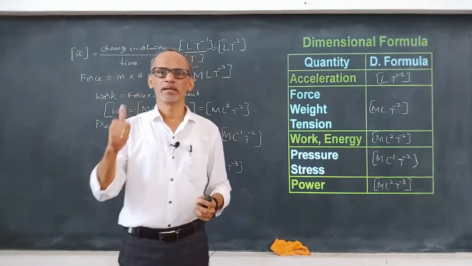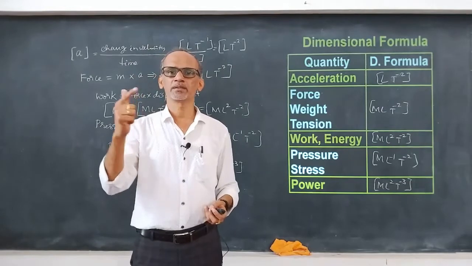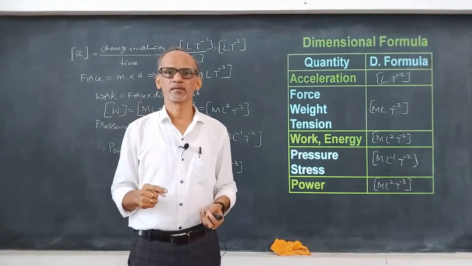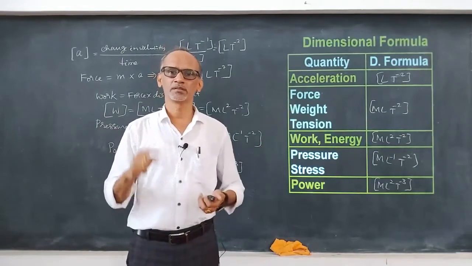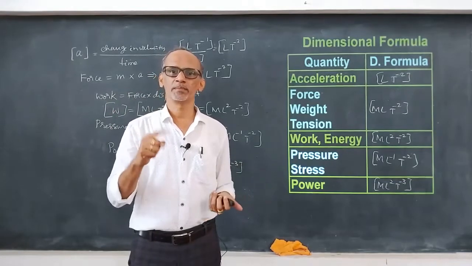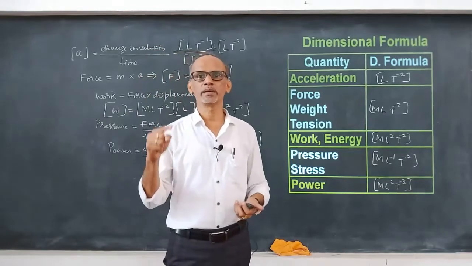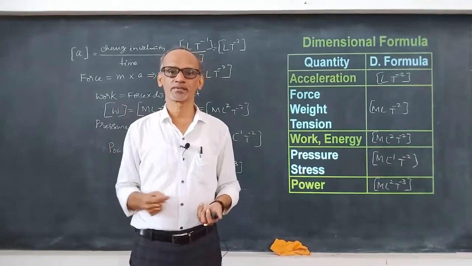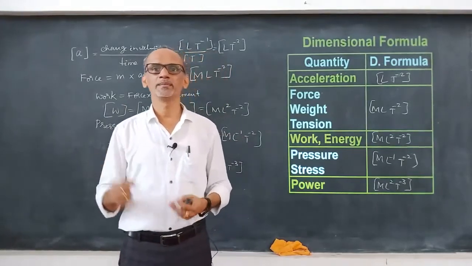Let me repeat. Area L square, volume L cube, density ML to the power minus 3, velocity or speed LT minus 1, momentum or impulse MLT minus 1, acceleration LT minus 2, force, weight, tension MLT minus 2, work or energy ML square T minus 2, pressure or stress ML minus 1 T minus 2, and finally power, which is ML square T minus 3.